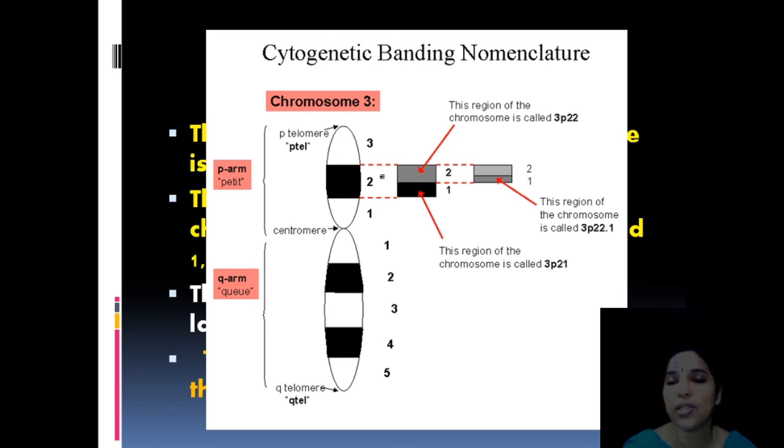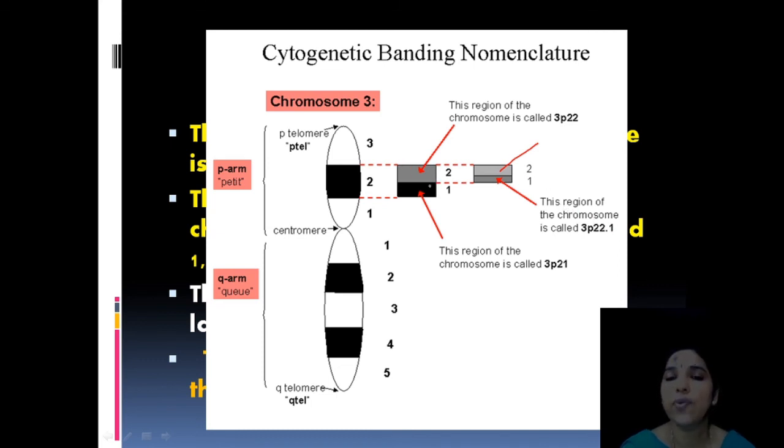So what will you write? 3p22.1. Here 1 is the subband. If you are marking the other one, how will you write it? 3p22.2. You will write 2 here.